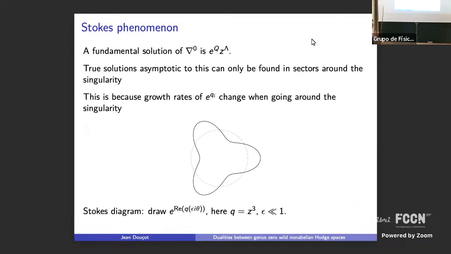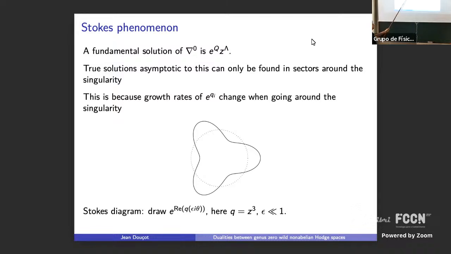Okay, and now, the fact that we will need Stokes data and that they depend on this formal data is what is referred to as the Stokes phenomenon. I can try to give some intuition for this. The idea is basically the following. If you look at this formal normal form, a solution of it is the exponential of Q, this irregular type, times z to the power lambda.